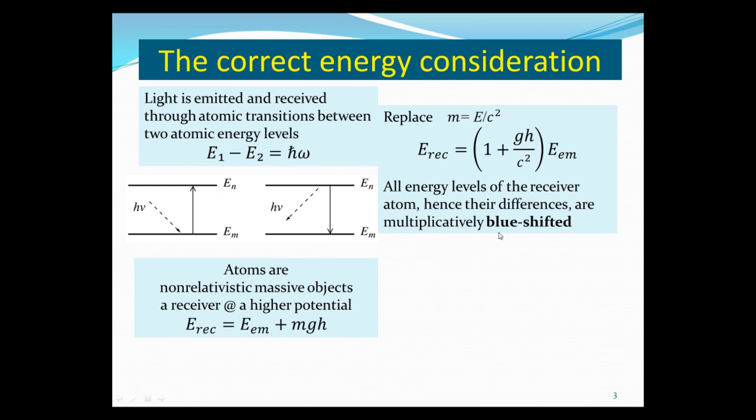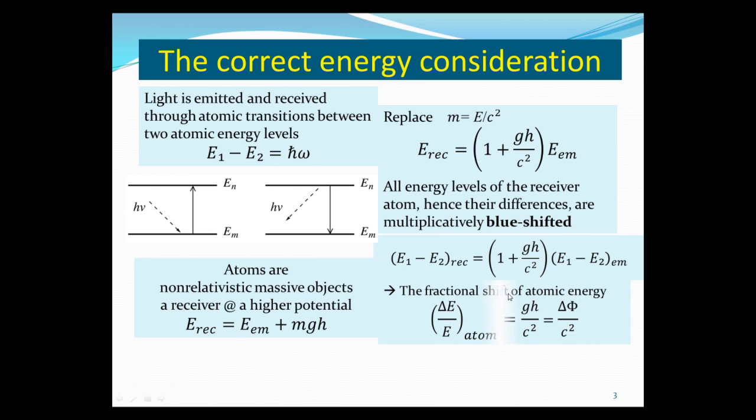Okay, so again, the energy levels of the receiver atom, compared with the energy levels of the emitting atom, and therefore all the differences, are blue shifted. The fractional change, the amount of shift, is given by the second term here.